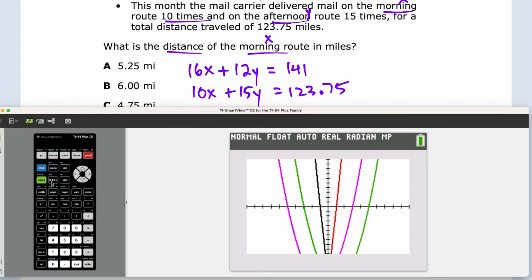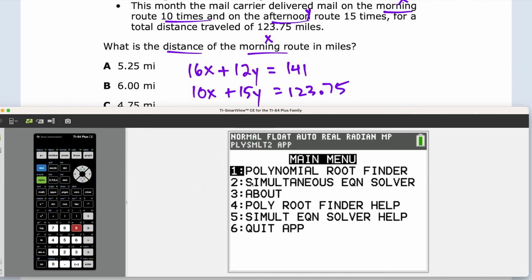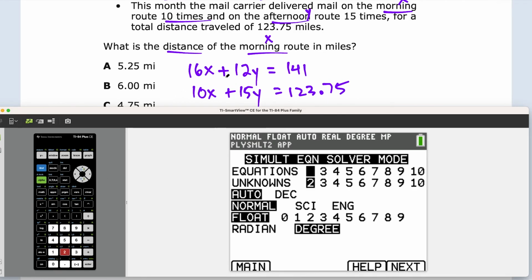So for this one, there's no point in suffering, so we might as well just press apps and go to number 9 here, the simultaneous equation solver, and we're going to solve this system of equations here. So the simultaneous one is number 2, and we just type this in. We have a 2 by 2. We have 2 equations with 2 unknown variables.